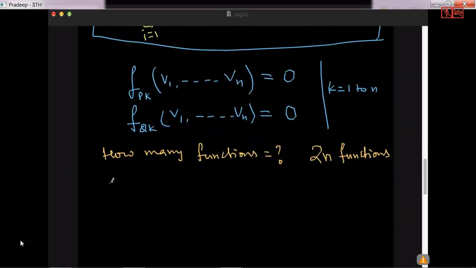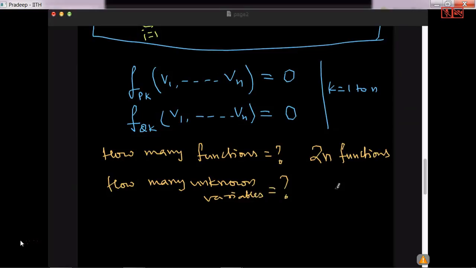Now how many unknown variables? V1, V2, V3, Vn, these are all unknowns. But then you have V1 delta 1, V2 delta 2, and so on up to Vn delta n.